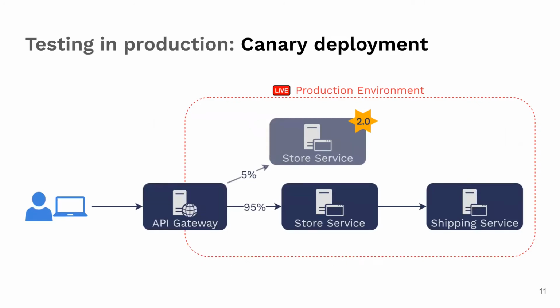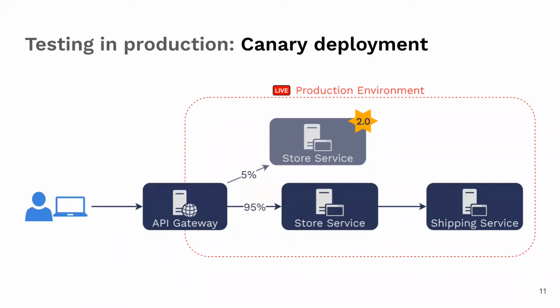The principle of testing in production can be applied in many different ways, but one of the most common ways it's applied is through a Canary deployment. So taking our example of Aaron's e-commerce application, if Aaron were to release the new version of the store service using a Canary deployment, they would deploy it to production like our previous example, except this time they would also keep the older version of the service up and running.